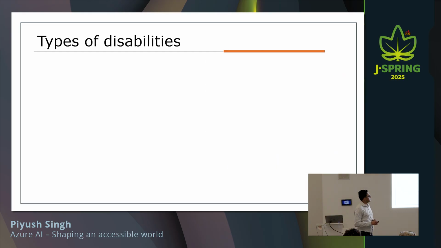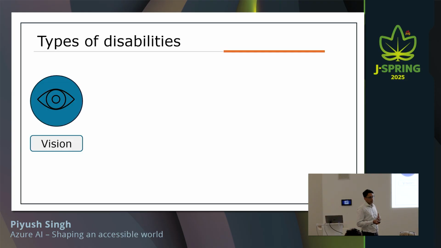Now if we look at the different types of disabilities, it's hard to make a comprehensive list, but largely they are defined into 4 or 5 categories, starting with vision. If you read any sort of academic report on this, generally vision is the one which is the most prevalent in society.